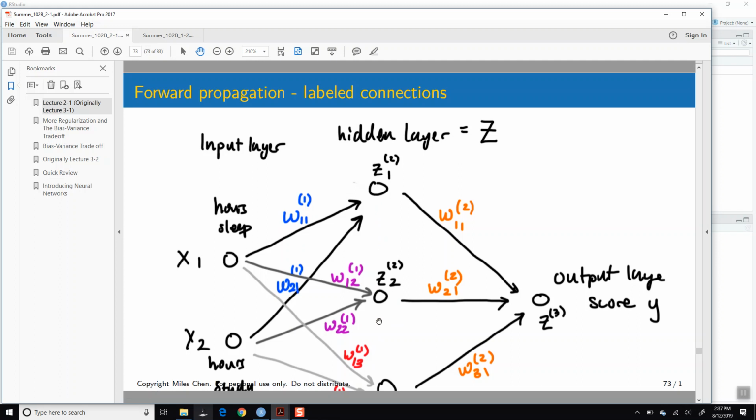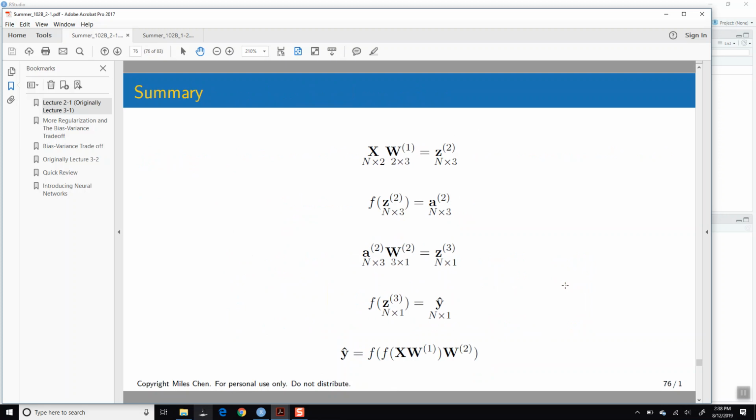Then at the next layer of nodes, we apply a function, and they produce some output values, and we multiply those by w's, and they create our input for our final layer. And so that's what we have.